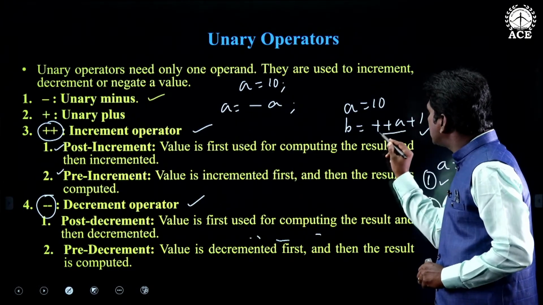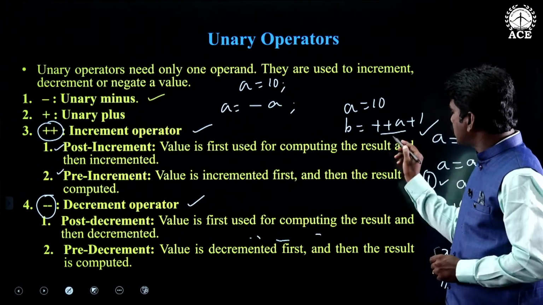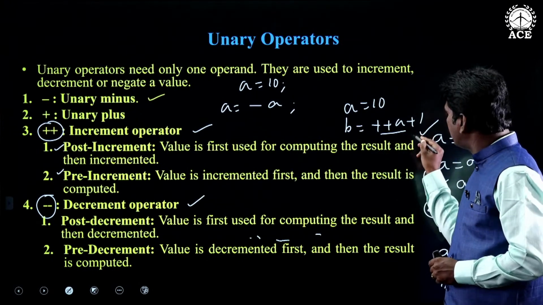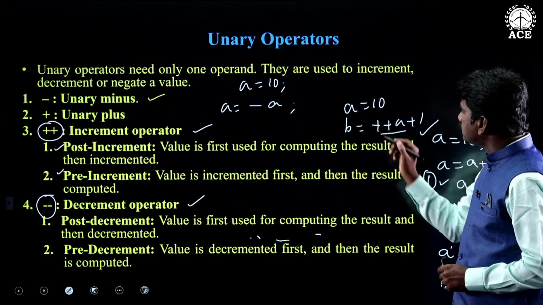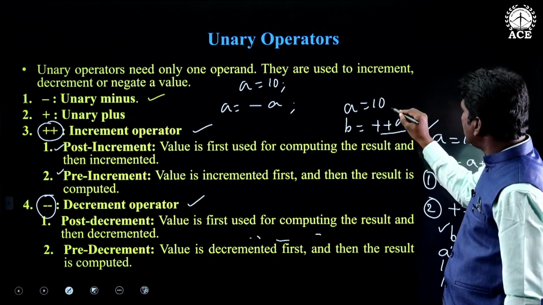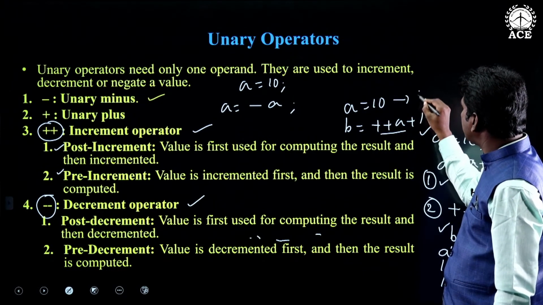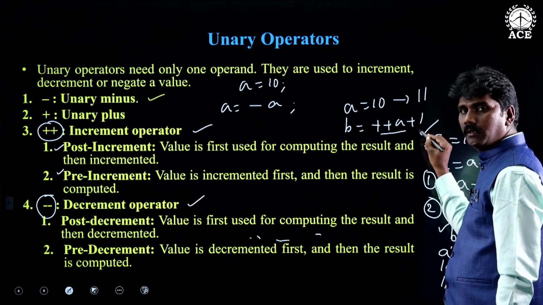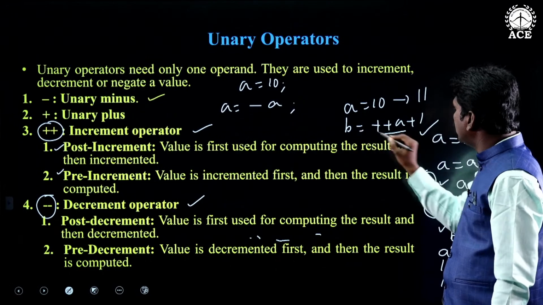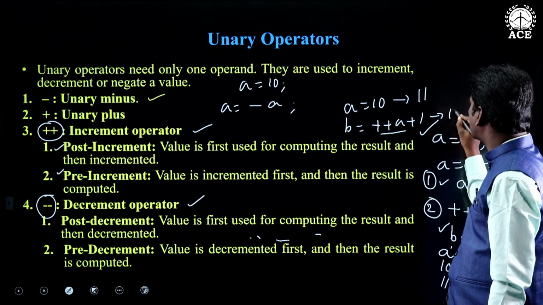Here it is pre-increment. First the increment will be done, and then the value 1 will be added to it. Means the a value is initially 10, now it is going to be changed to 11. So the same 11 will be added with another 1. So in that case, b is going to be changed to 12.